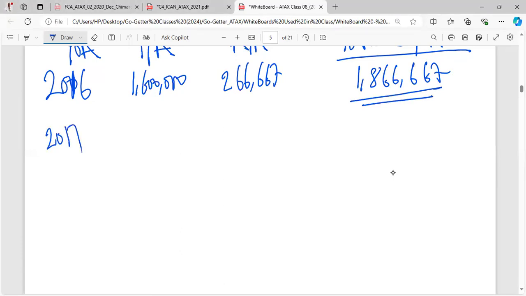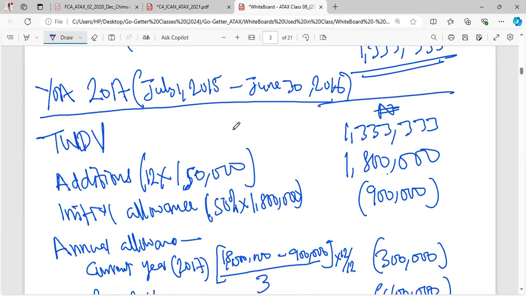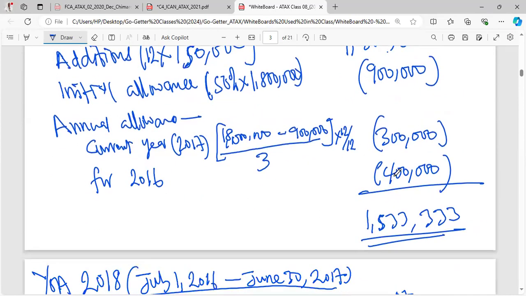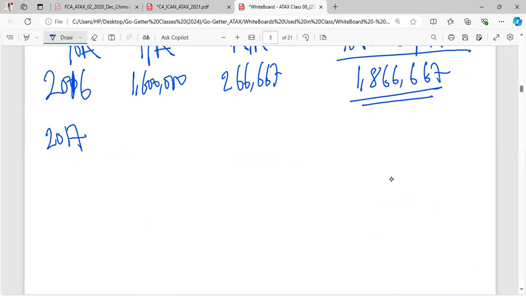For 2017, what is your initial allowance? Initial allowance is 900. Annual allowance is 300 plus 400, so that's 700.